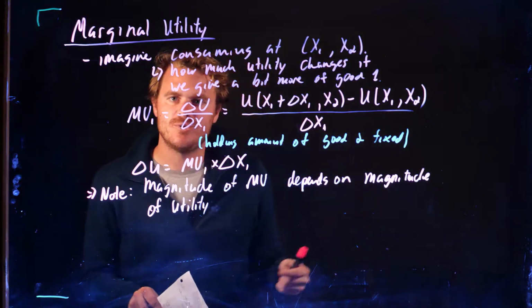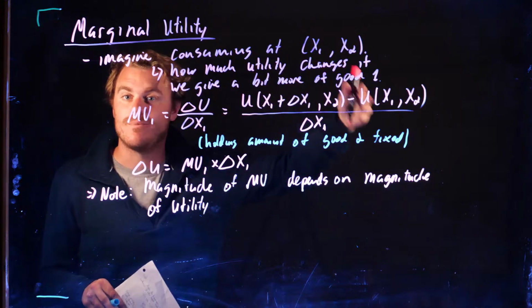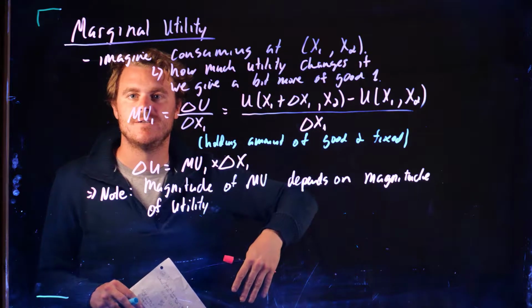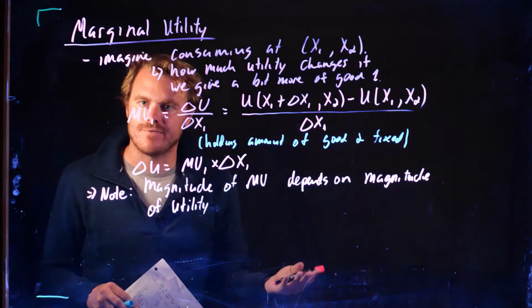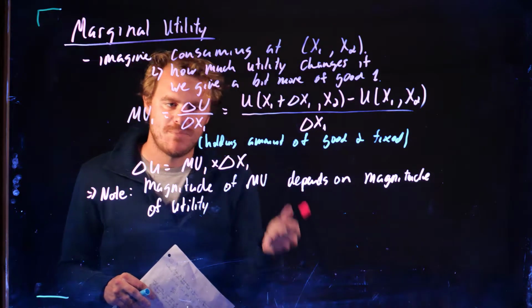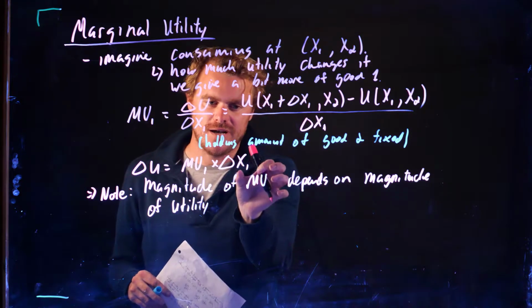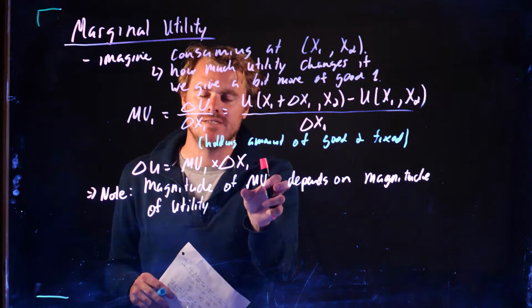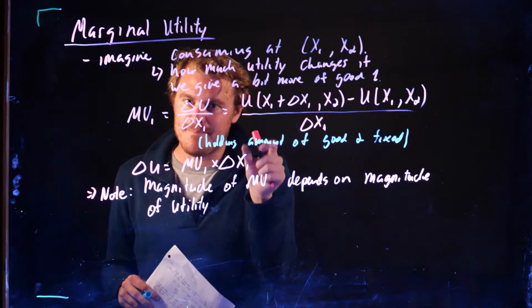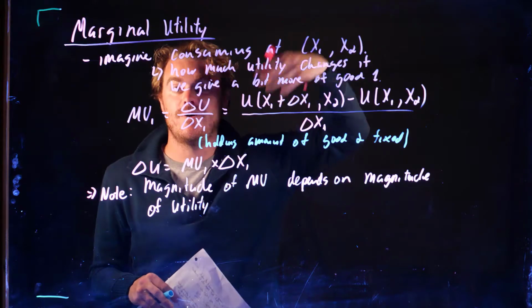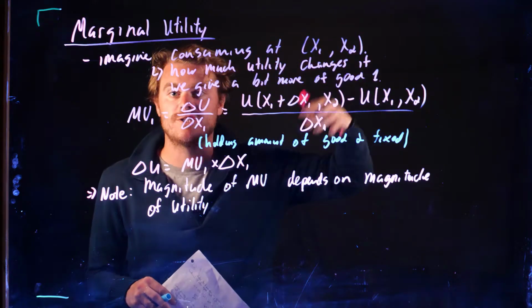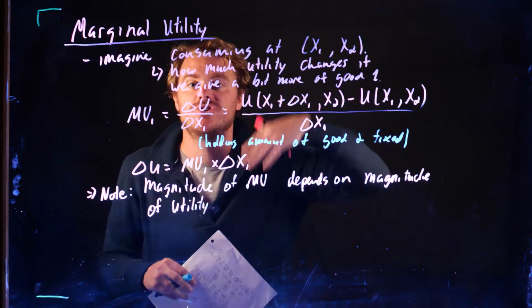And we just said we could do any monotonic transformation of a utility function and it represents the same preferences. But the marginal utility of one of these goods depends on which functional form, which particular monotonic transformation, we chose.